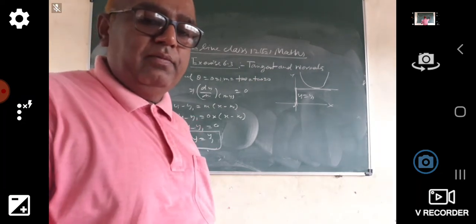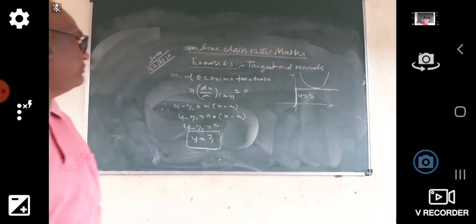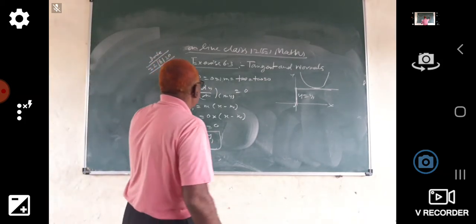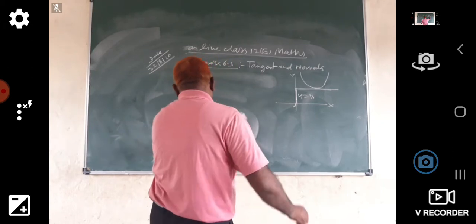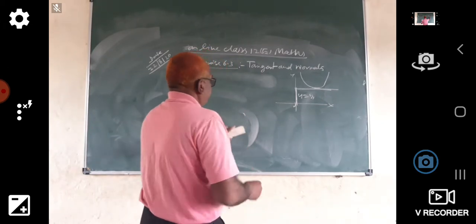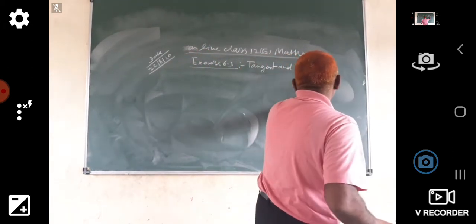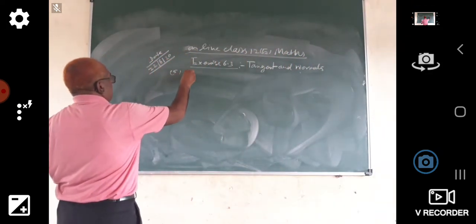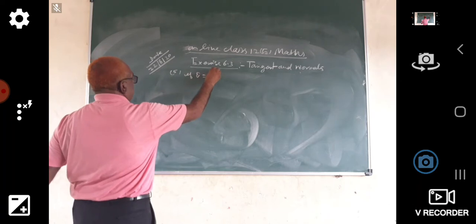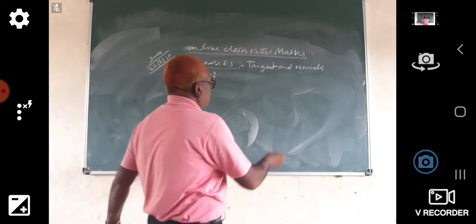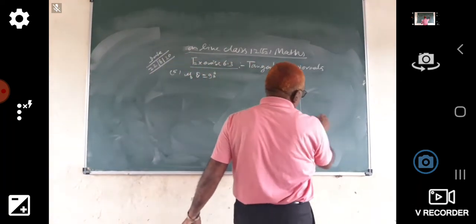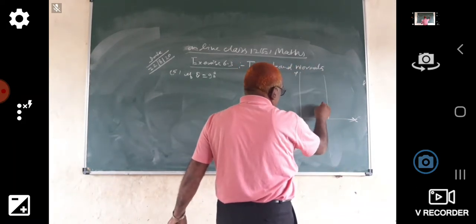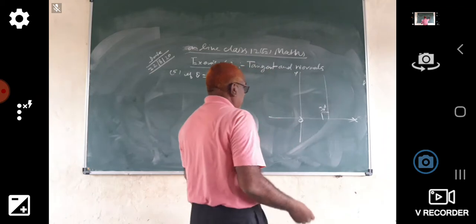Now a very important property, property number 5. If theta is equal to 90 degrees, then the line will be parallel to the y-axis.